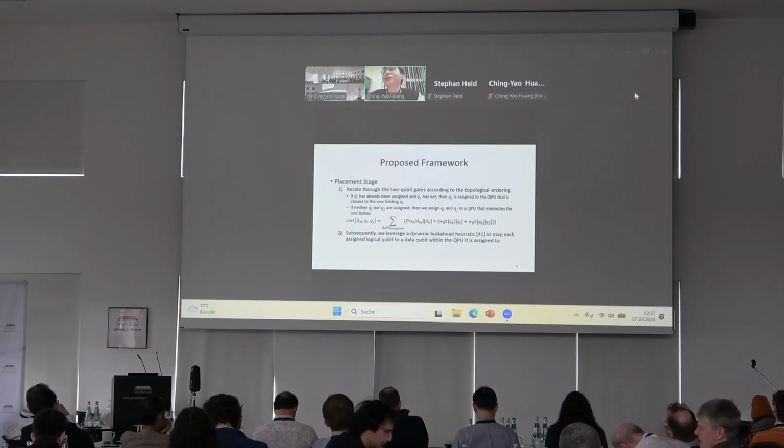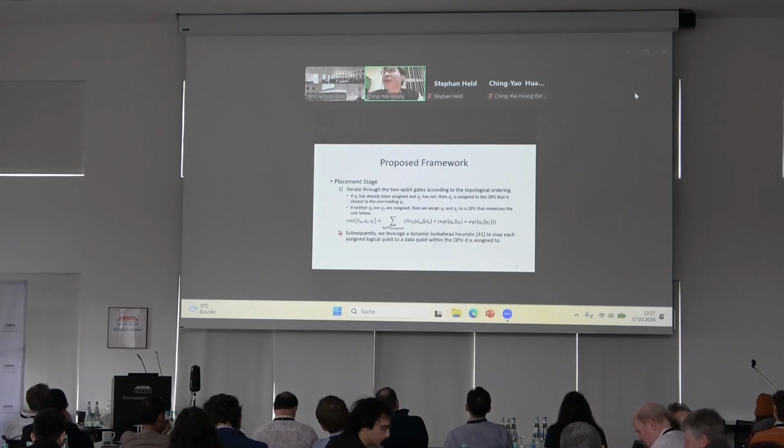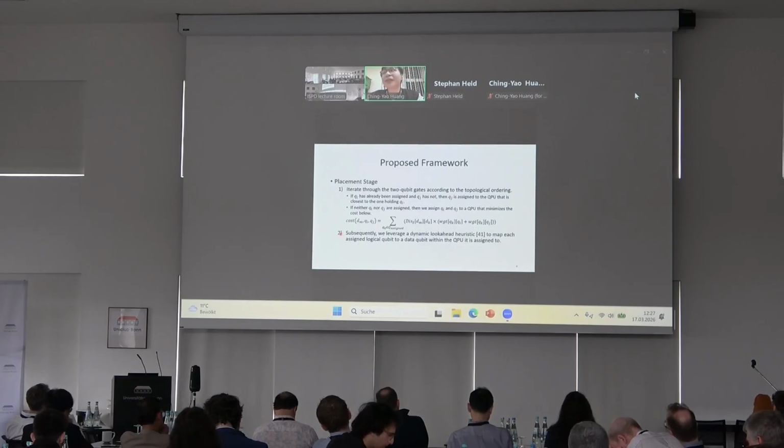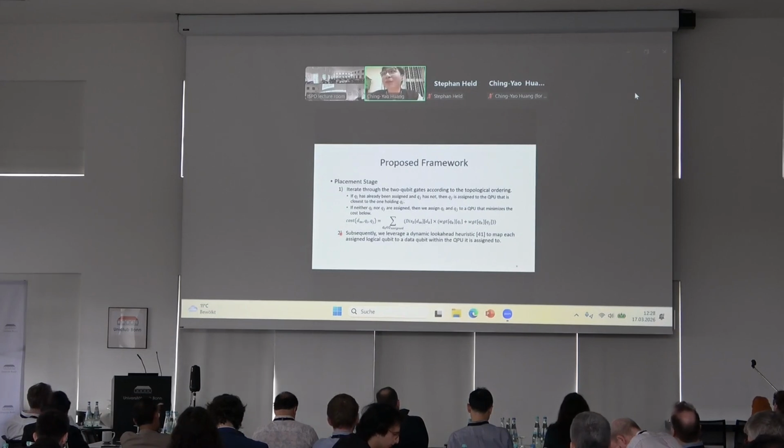If Qi has already been assigned and Qj has not, then Qj is assigned to the QPU that is closest to the one holding Qi and can still accommodate Qj. If neither Qi nor Qj is assigned, then we assign them to a QPU, Dn, that can still accommodate Qi and Qj and minimizes the cost defined here.